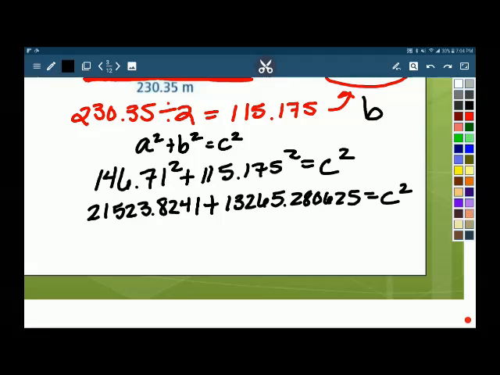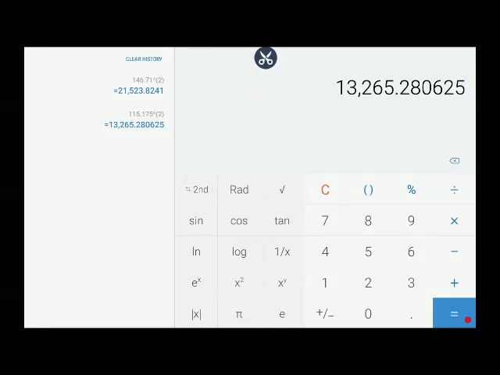Now what I'm going to do is keep that big, long, enormous number in my calculator, and I'm going to add this number to it. All right, so I'm going to keep that number plus, let's see, we had 21523.8241.